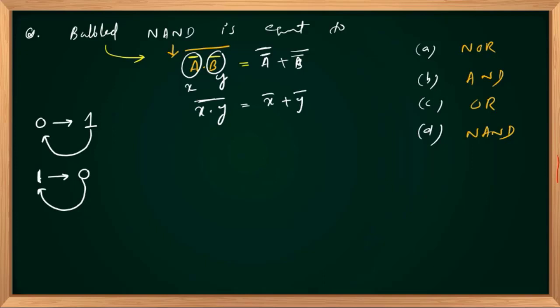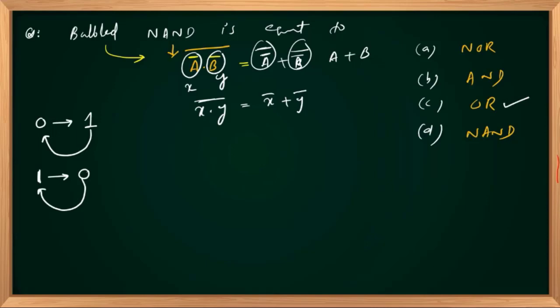So if you are taking the complement of a variable 2 times, this variable will be same as A and B. A double bar is A, B double bar is B. So A or B, and that is my OR gate. So bubbled NAND is equivalent to OR.